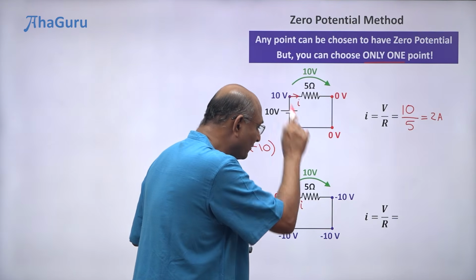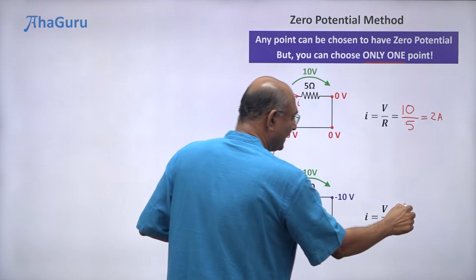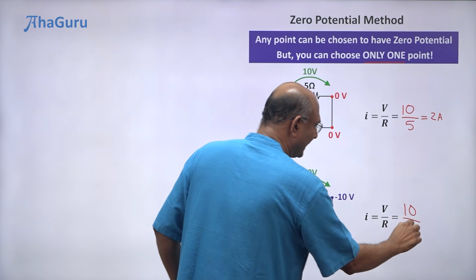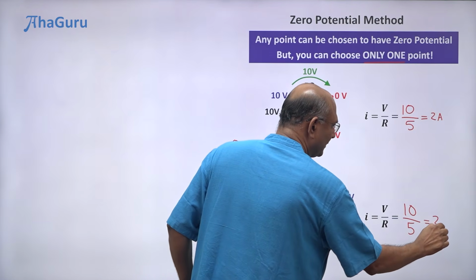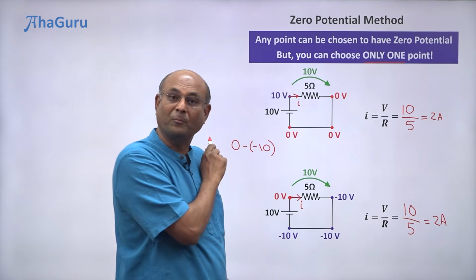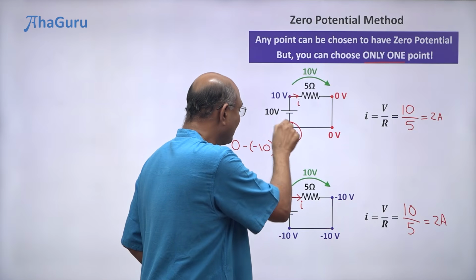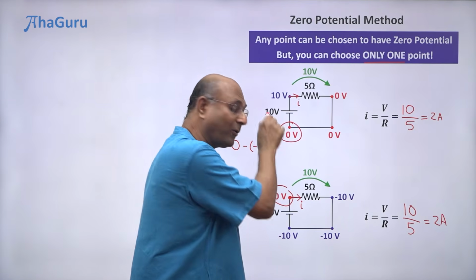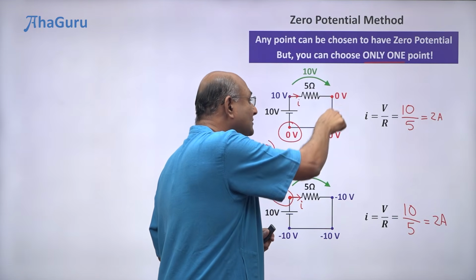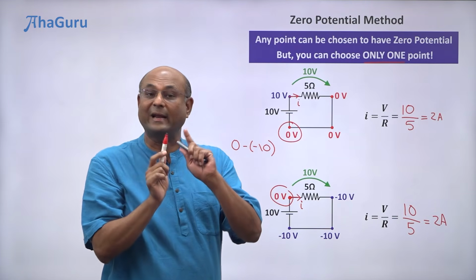So 10 volts is the potential drop across the resistor, divided by the R value 5, gives me 2 amperes. So same answer. Here I chose this to be 0 potential. There I chose that point to be 0 potential. You see different points, but only one point. The rest are also 0 here, but that is not a choice. Those things were derived.